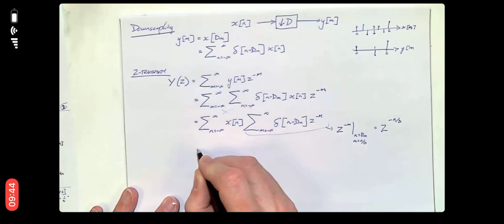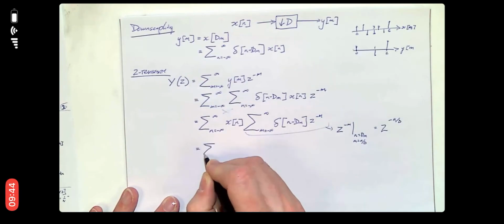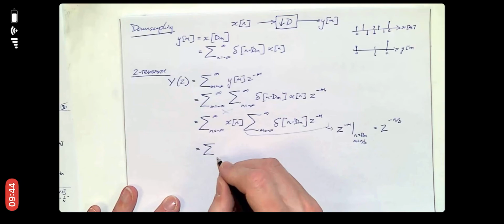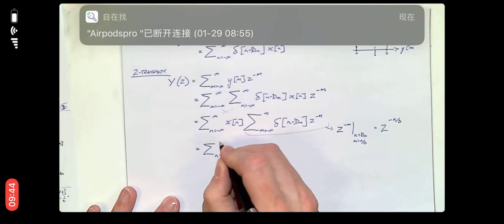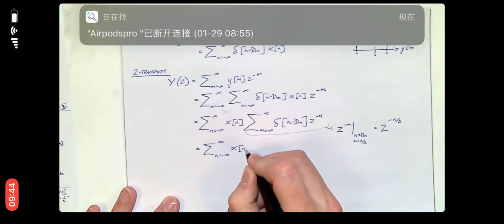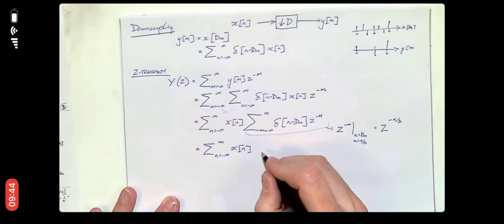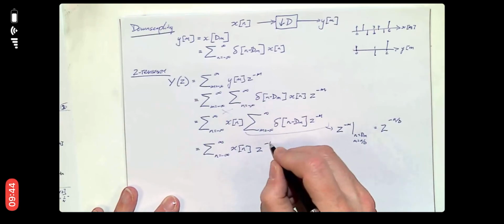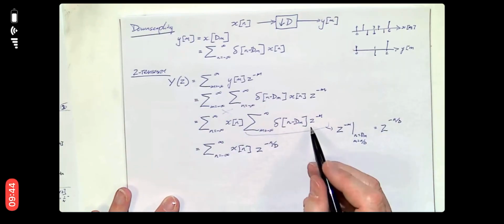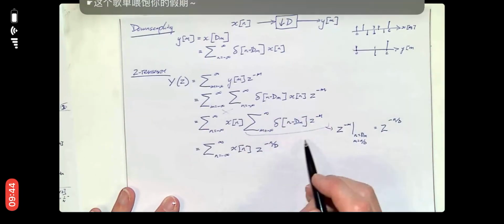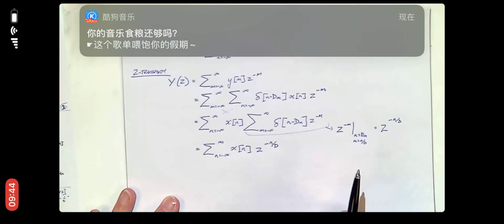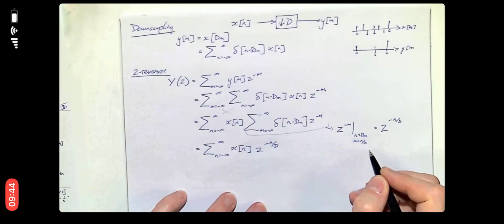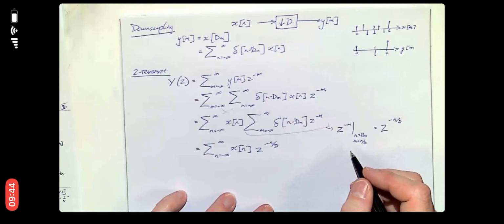So that gives us the sum from n equals minus infinity to infinity of x of n, z to the minus n over d. But actually it hasn't got rid of all of the sum, because we've got too many m's to go over at this point.